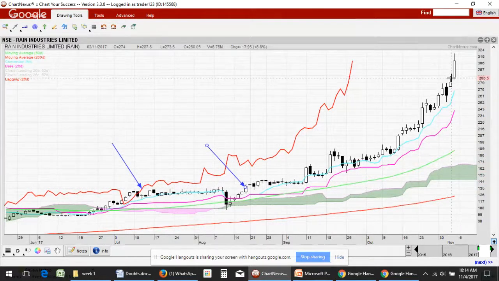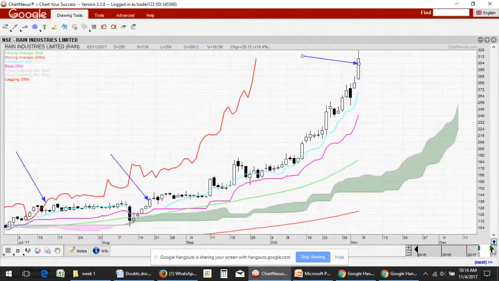Look at how it has been guided up by the Tenkan and the Kijun. So at this point, though, this is telling me that exuberance is coming into the stock. I would be very cautious at this point. If you have this position, you should be taking profits here. At least maybe 75% of your position should be out at this point. There should be some consolidation, just given how far the stock is from the Kijun.